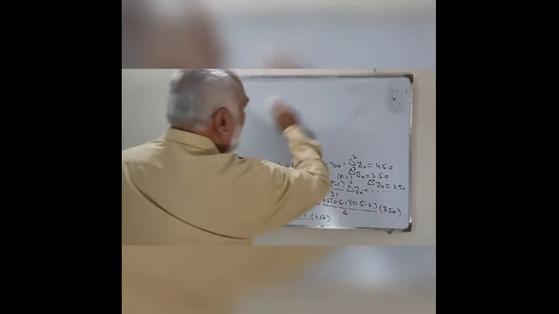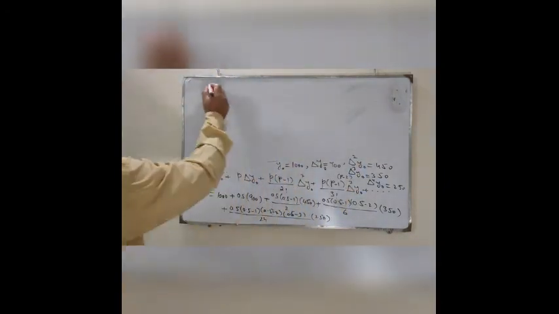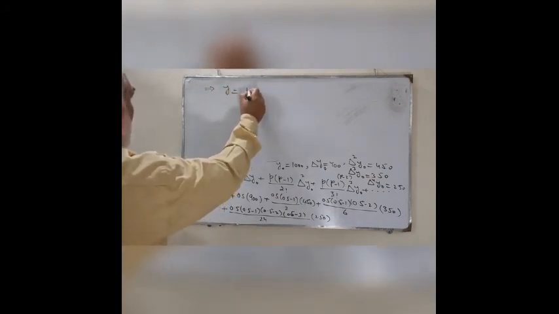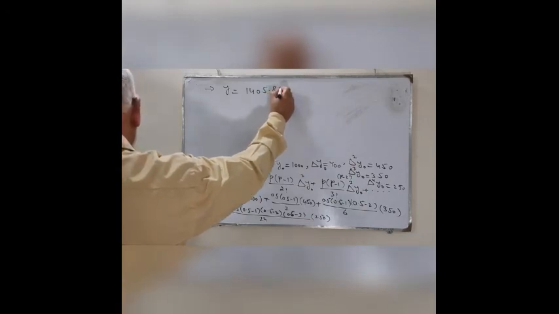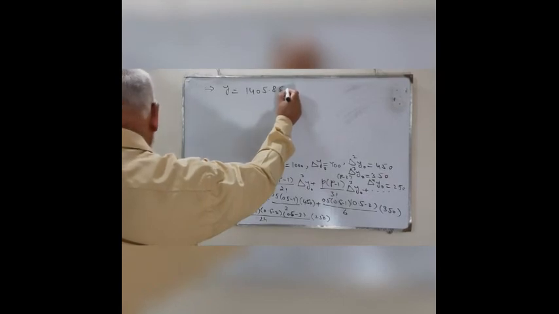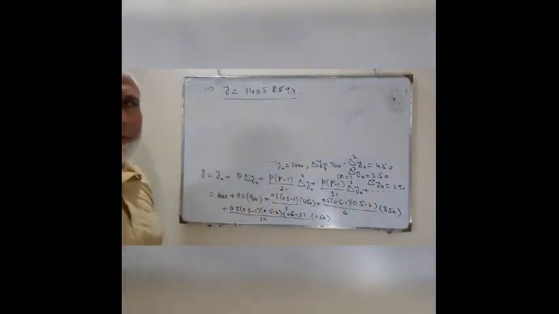The ultimate result can now take the form that gives you the value of y corresponding to x equals 9 as 1405.886. If you round it to 4 decimal places, it gives you 8594. And this is the value which we are looking for.